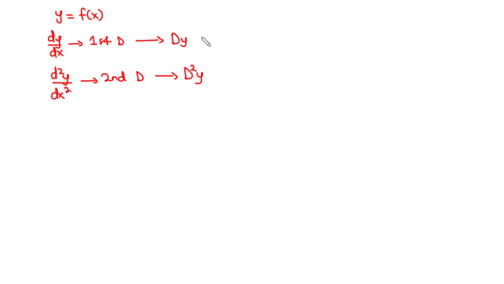Generally, d to the power n over dx to the power n is represented in the D operator form as capital D to the power n. So generally, this is the formula we use to represent dy/dx, or d squared y over dx squared, and so on, in the D operator form.